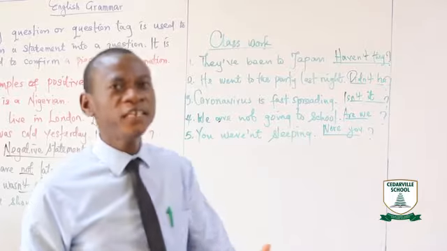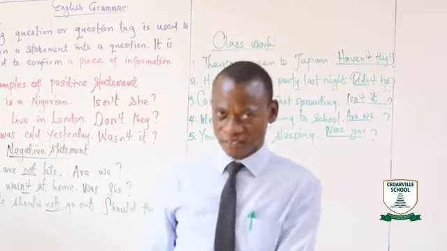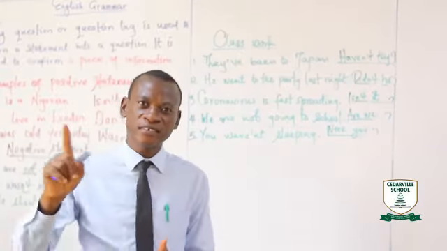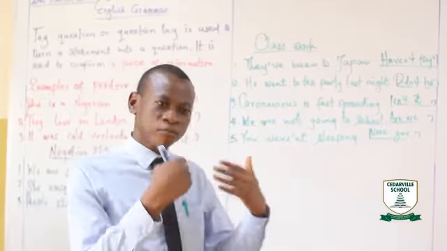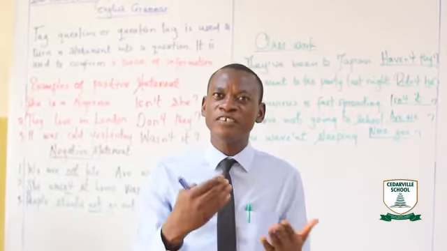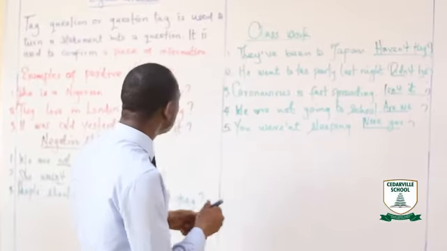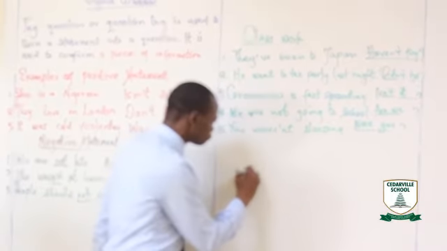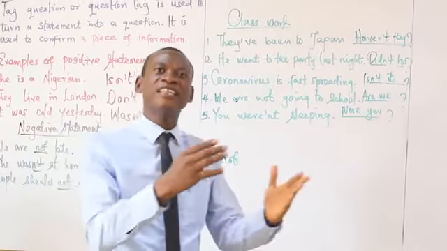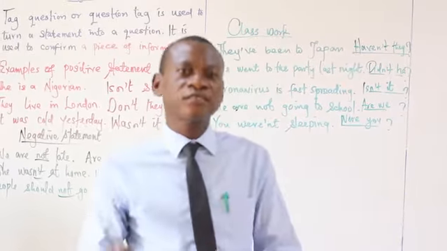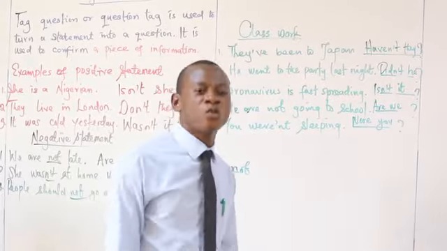Don't forget, when a statement is positive, then it attracts questions that are negative. What makes a statement positive or negative is the use of the word not. And when a statement is negative, then it attracts positive tag questions.